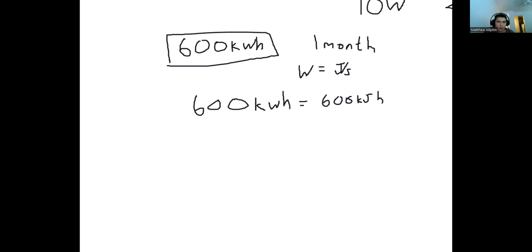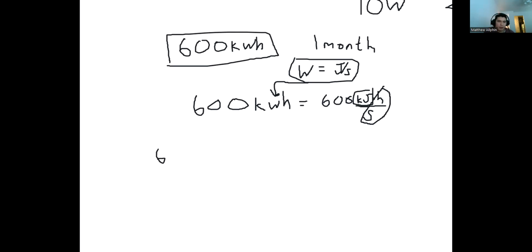Because I can substitute my joules per second in here. Now, I just want this joule part, right? So I need to make it so that the seconds on the bottom equal the hour on top, so that I can cancel those out.